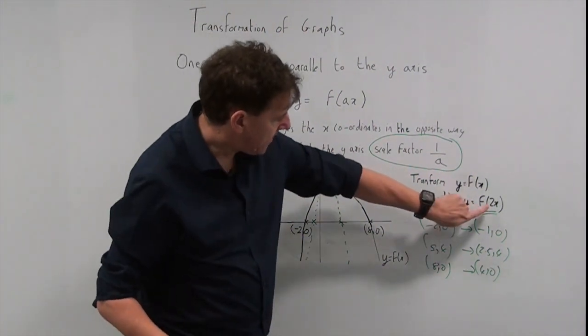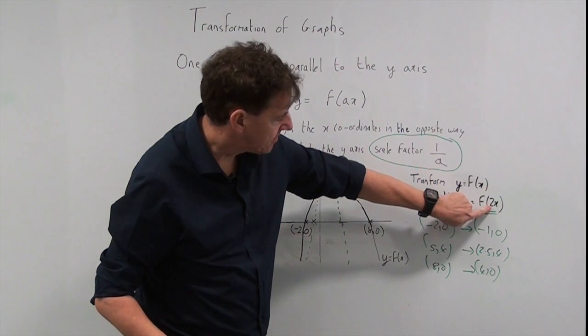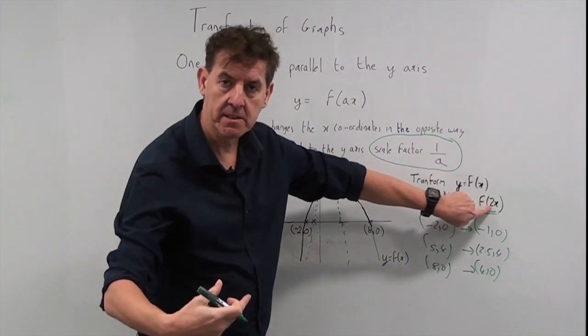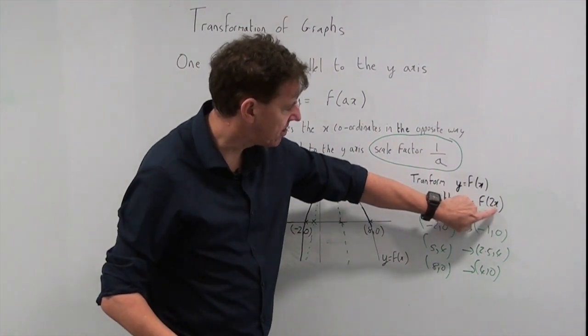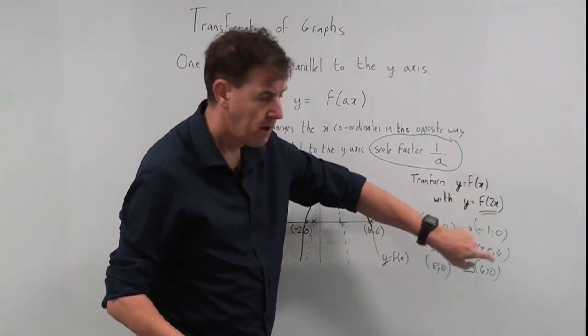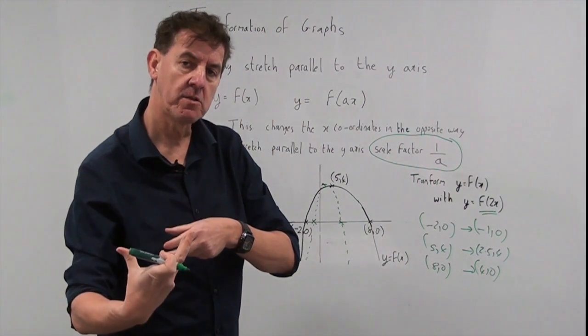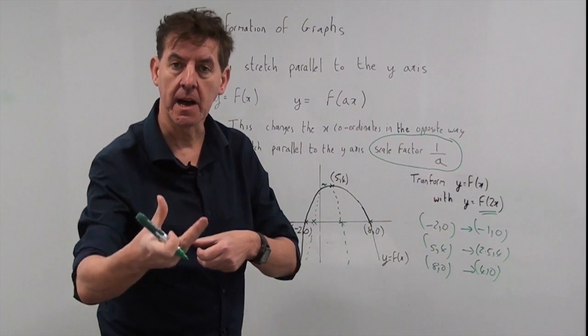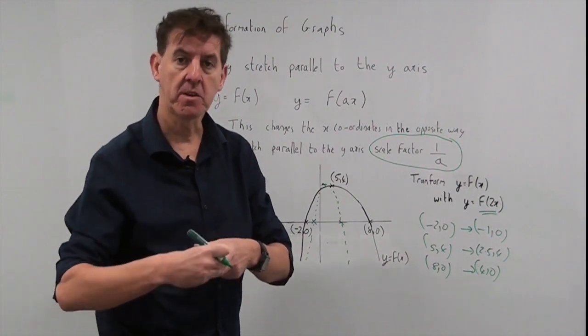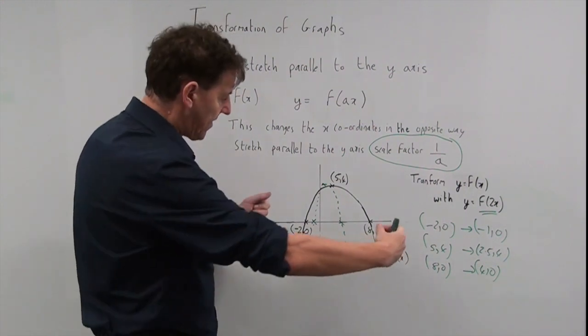Now, if this was a half x or a third x to start with, what that's actually doing is dividing by 2 or dividing by 3. What would that do? It would change the x coordinates in the opposite direction. So a divide by 2 would come to times by 2. Divide by 3 would come to times by 3. So what would that then do?